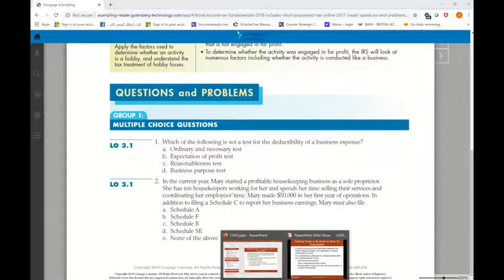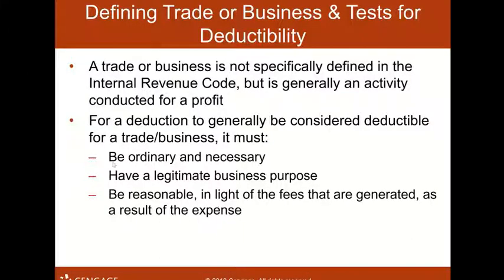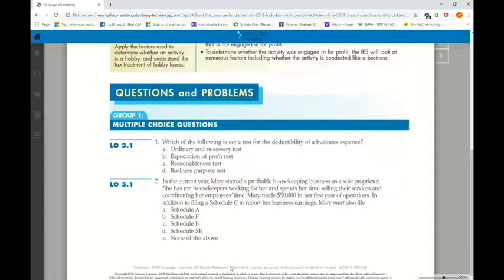Remember that we have these three conditions for deductibility: be ordinary and necessary, have a legitimate business purpose, and be reasonable. The only one that is not a test for deductibility is the expectation of profit test. So the answer here is B.